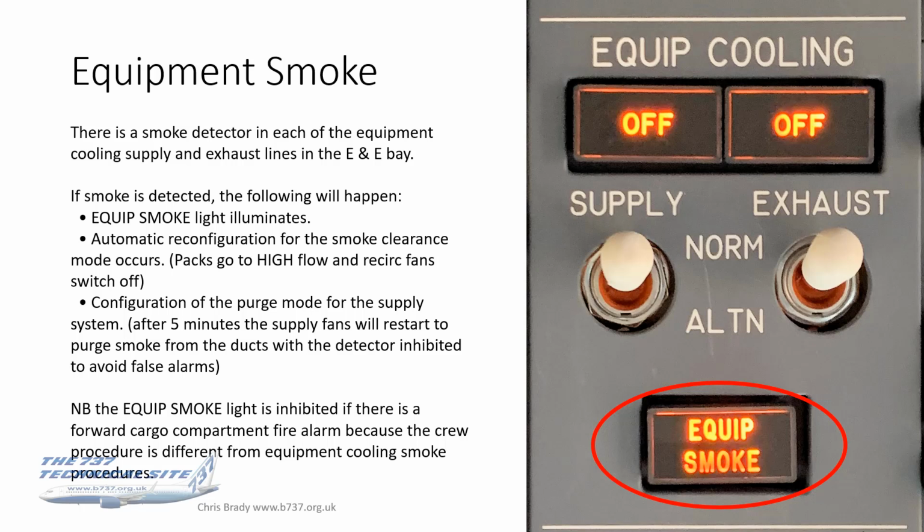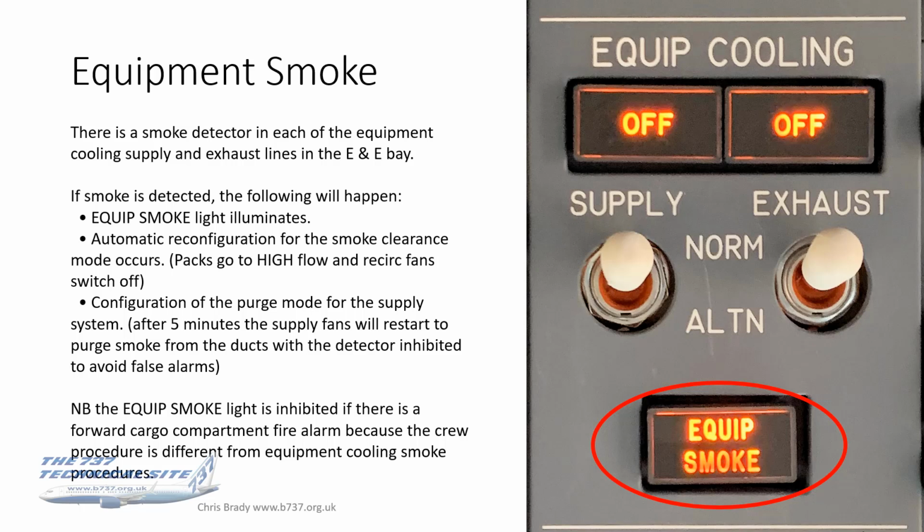One other thing to note is that the equipment smoke light will be inhibited if there is a forward cargo compartment fire alarm, and that's because our crew procedures are different from the equipment cooling smoke procedures.